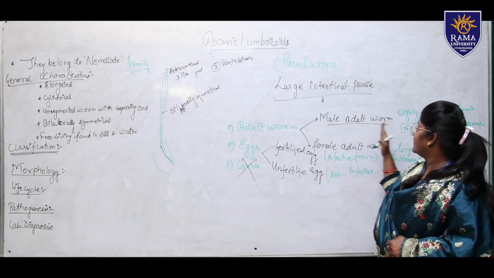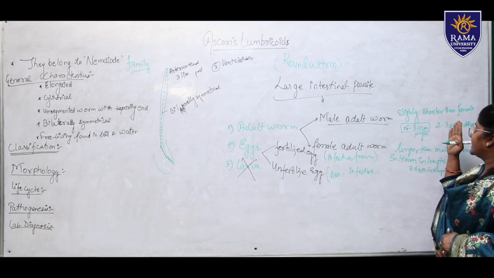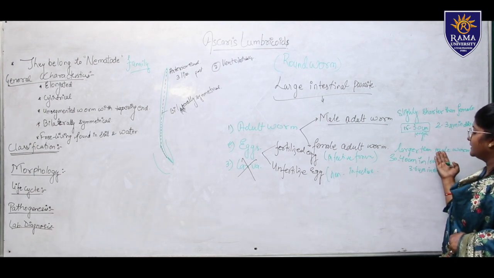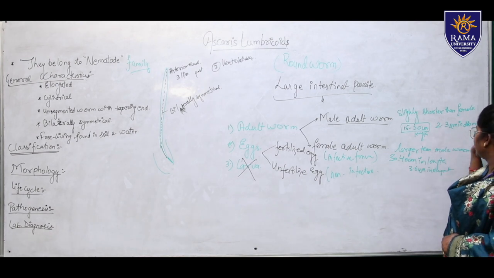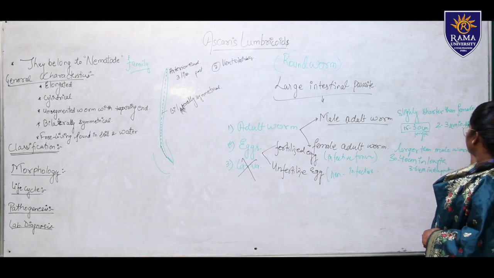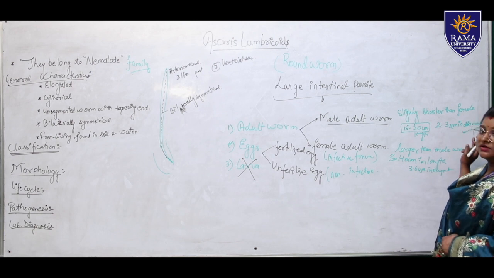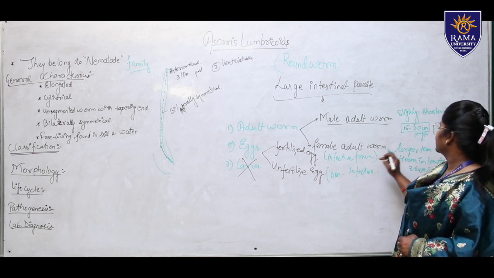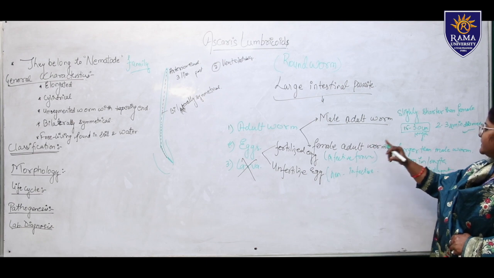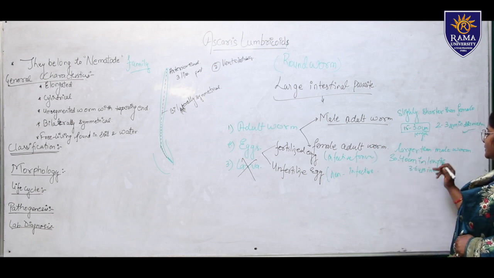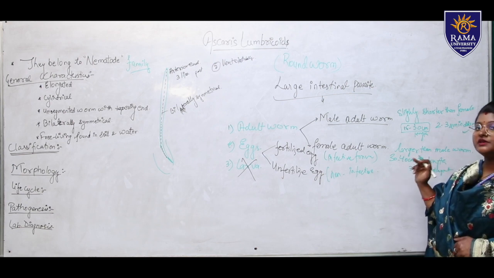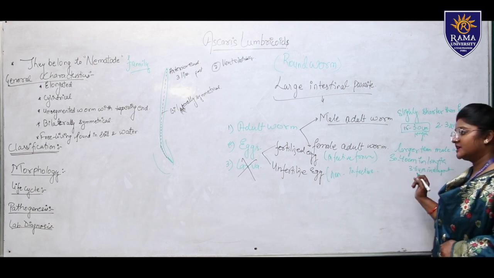The male adult worm is slightly shorter than the female, with a length of 15 to 30 centimeters and a width of about 2 to 3 micrometers. The female adult worm is larger than the male, having 30 to 40 micrometers in length and 3 to 6 micrometers in diameter.